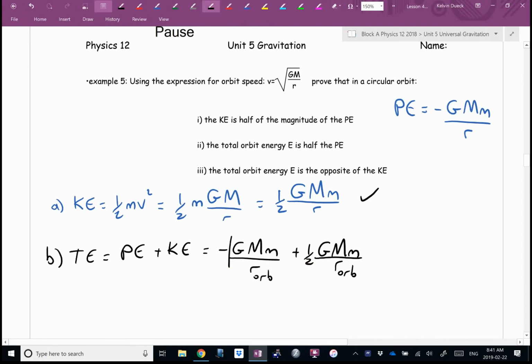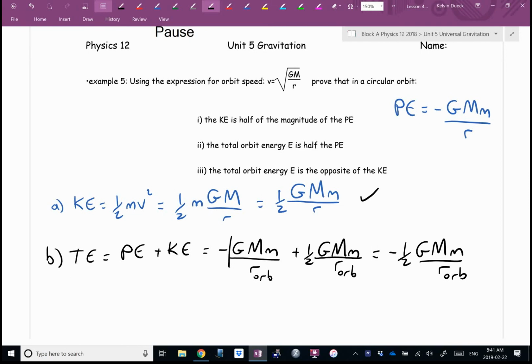Each thing has a big G, a big M, a little m, and an R orb. And so you do end up with -1/2 big G, big M, little m over R orb, which is half of the original potential energy. You can survive just fine without it. It's handy.